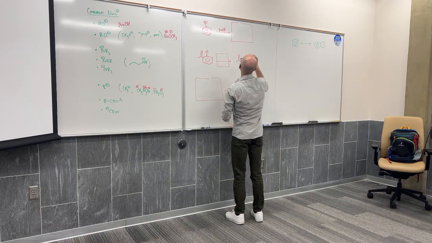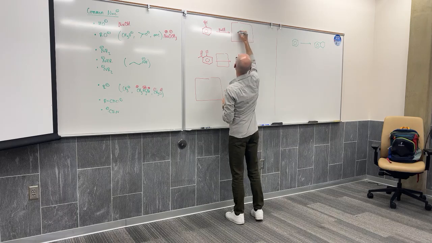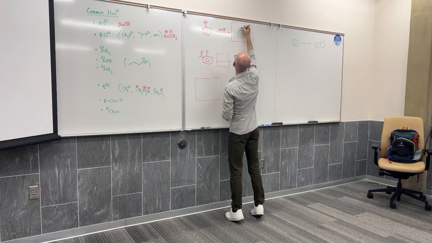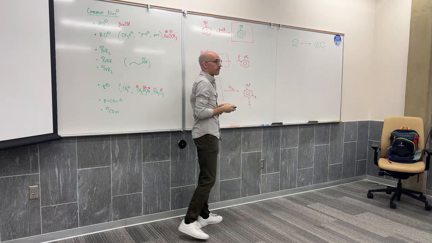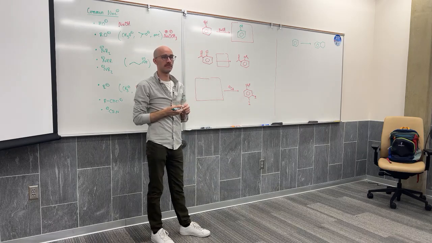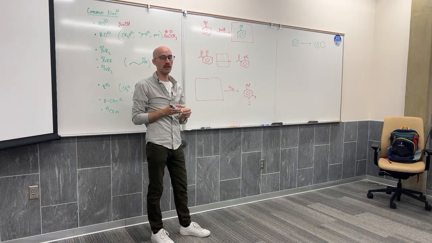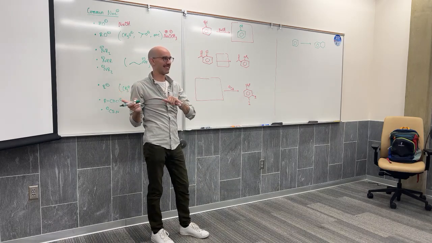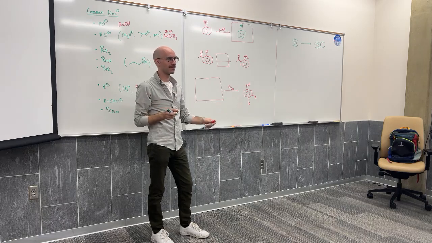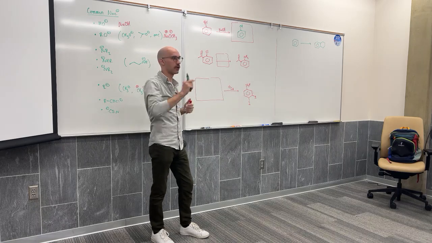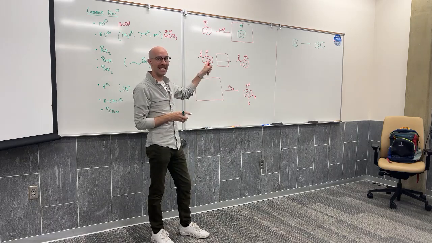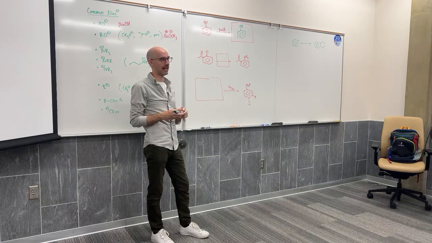So I went from having bromobenzene, and I now have phenol. I've substituted the bromine. EAS substitutes a hydrogen. H gets removed, a new group gets put on. NAS substitutes an aryl halide.